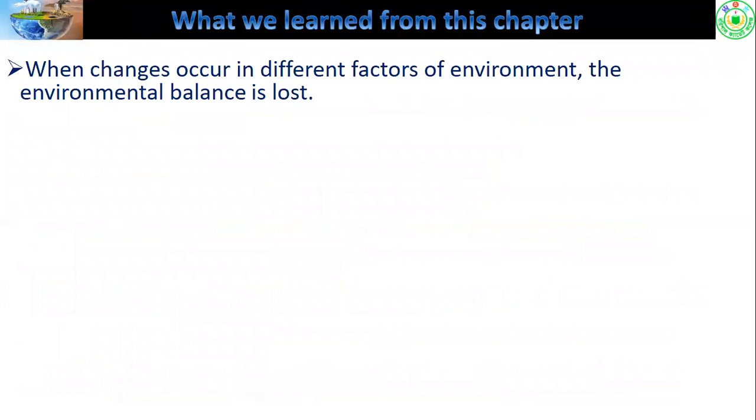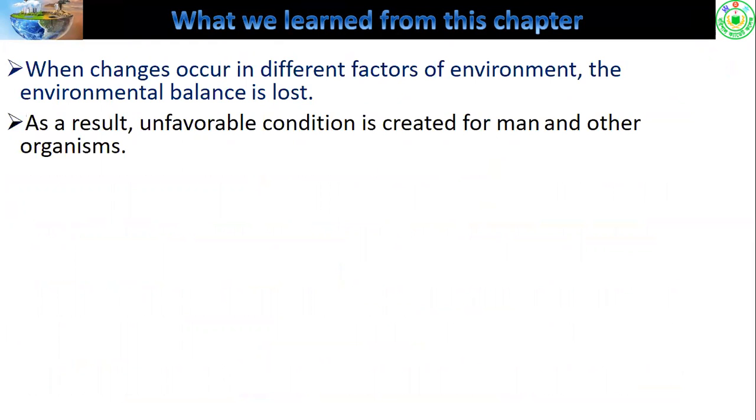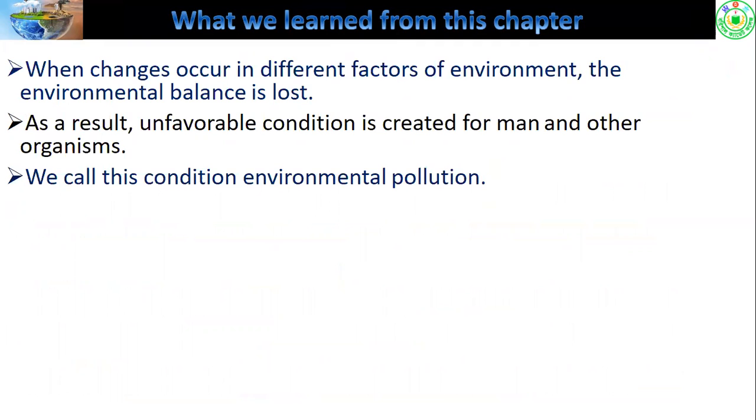So with this we have come to the end of today's lecture. Let us have an overview of today's lecture, what we learned from this chapter. When changes occur in the different factors of the environment, the environmental balance is lost. As a result, unfavorable conditions are created for man and other organisms. We call this condition environmental pollution.